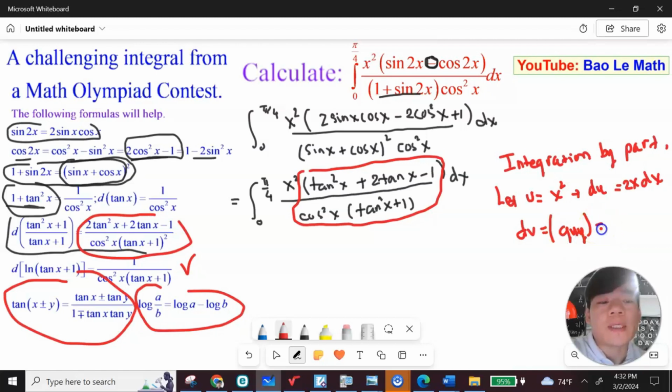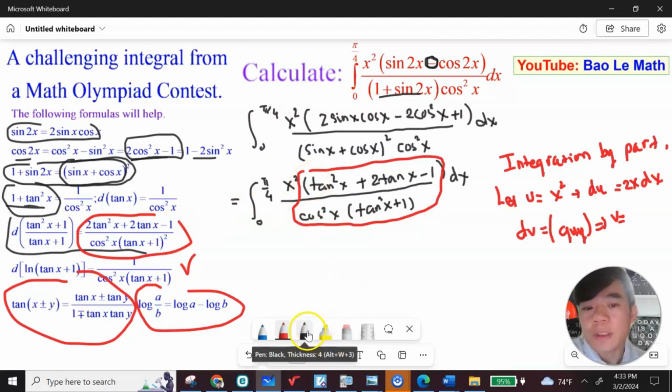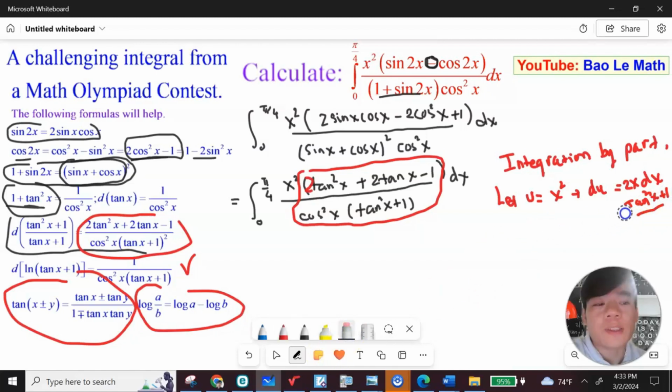Then I have v equal what? v equals this one, because we just take the derivative of this guy right here. Oh, I forgot to put 2 right here. So when I have dv of this one, v should be this guy right here. Let me rewrite this one to make it better.